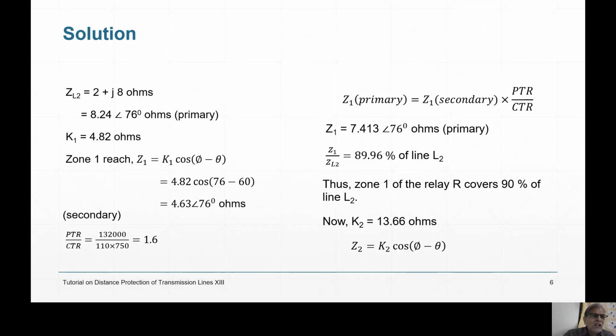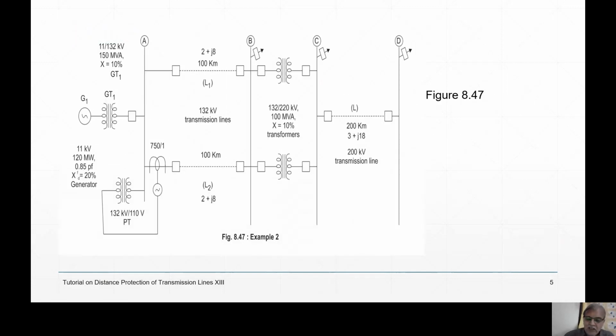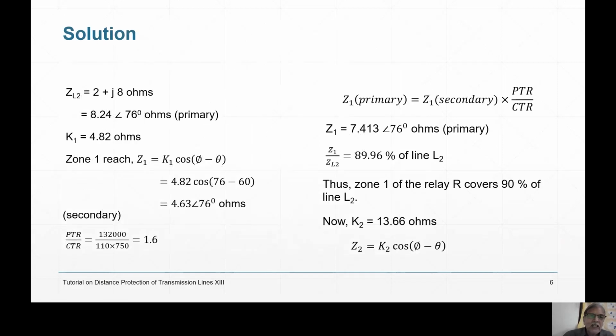So we start ZL2 is equal to 2 plus J8. It is given 2 plus J8, right? So very clear. So converting into polar, it is 8.24 angle 76 degree. Now K1 is given 4.82, and therefore Z1 is equal to K1 cos(phi minus theta). Phi is known, 76 degree. So it is 4.63 angle 76 degree, but it is in secondary ohms.